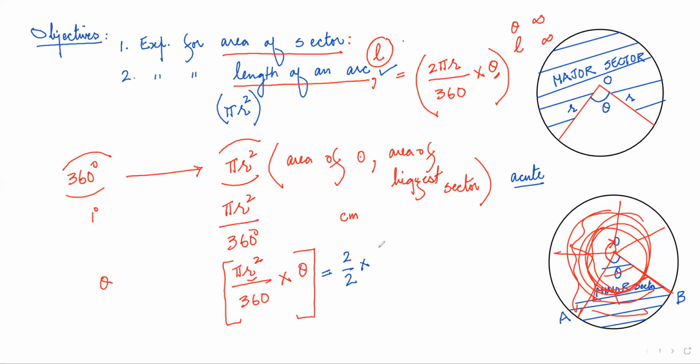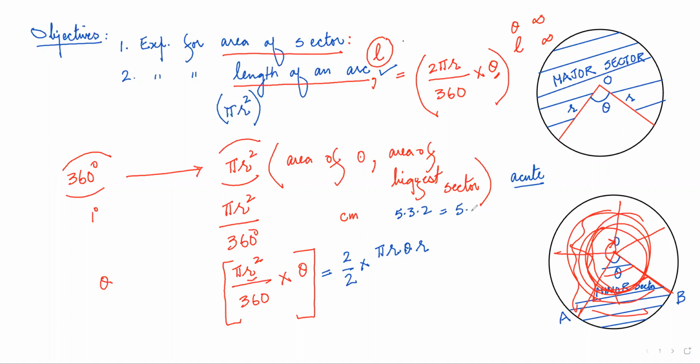Into pi r, instead of pi r, can I write pi r into r? And instead of this theta here, I can write theta here. Is it okay? Because all are getting multiplied. See, 5 into 3 into 2 is equal to 5 into 2 into 3. I can put 2 here, 3 here, no problem.